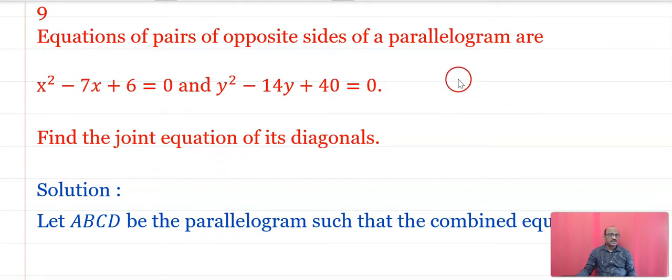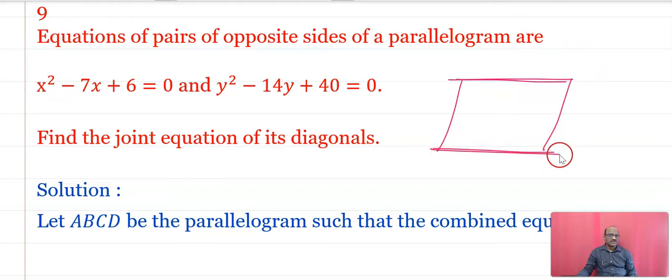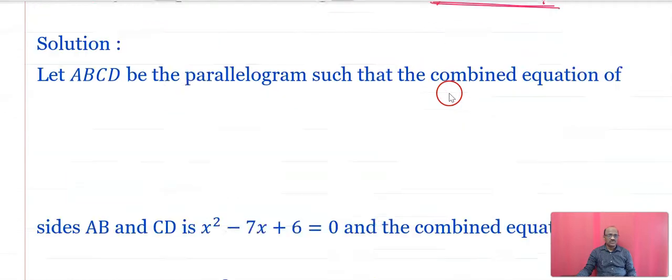Suppose we consider this is a parallelogram, and their opposite sides are given, that is x square minus 7x plus 6, and the other, that is y square minus 14y plus 40, equal to 0.